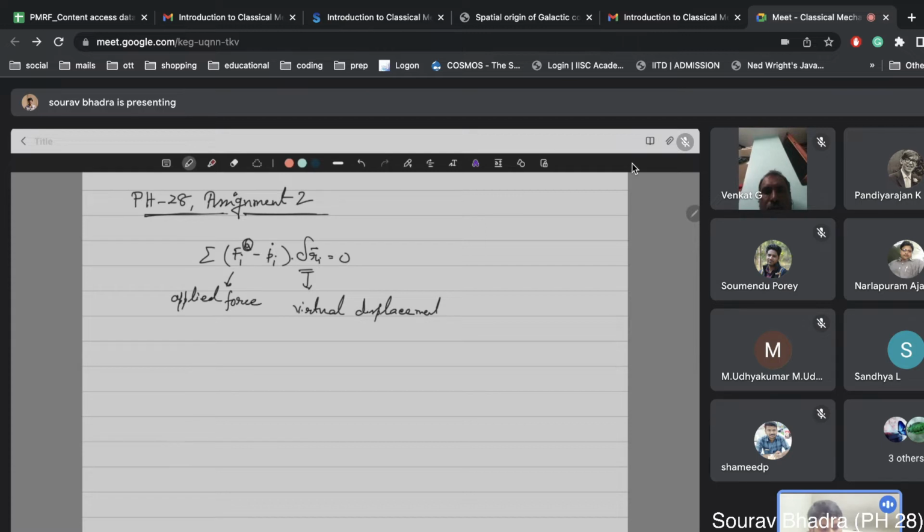This is the applied force, and Pi dot is the rate of change of momentum. So this is D'Alembert's principle, as you all know. Now we will apply this principle in various systems.